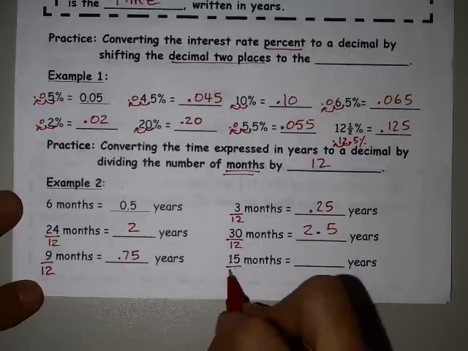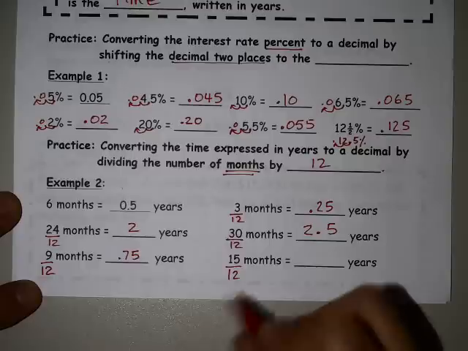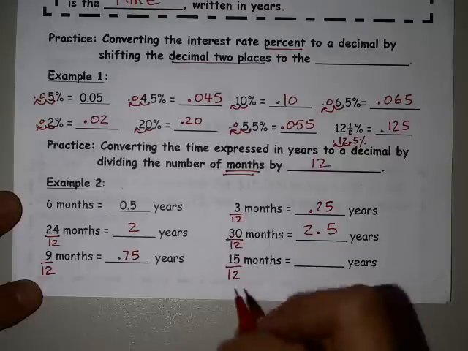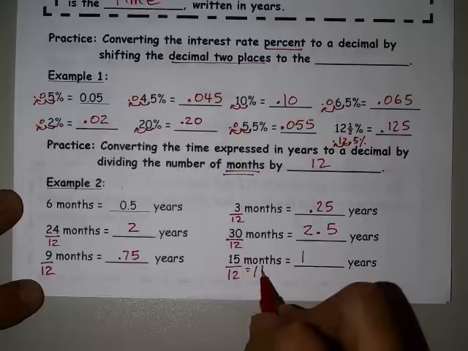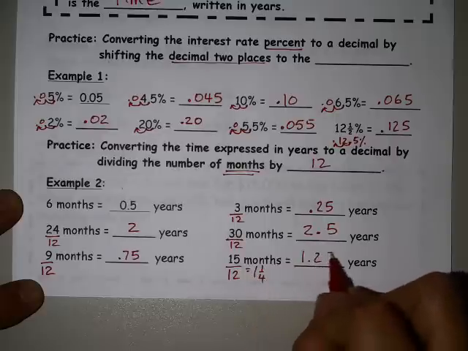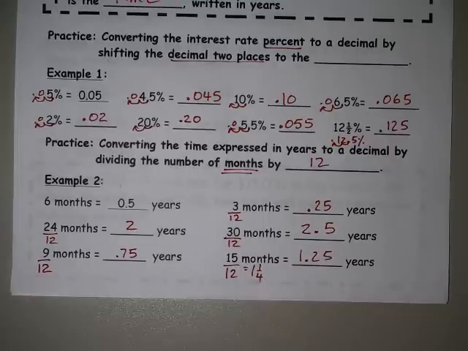And the last one, 15 months, well, that's going to be 1 year with 3 months over. So 3 out of 12 is 1/4, so this equals 1 1/4. So we're looking at 1.25 years.